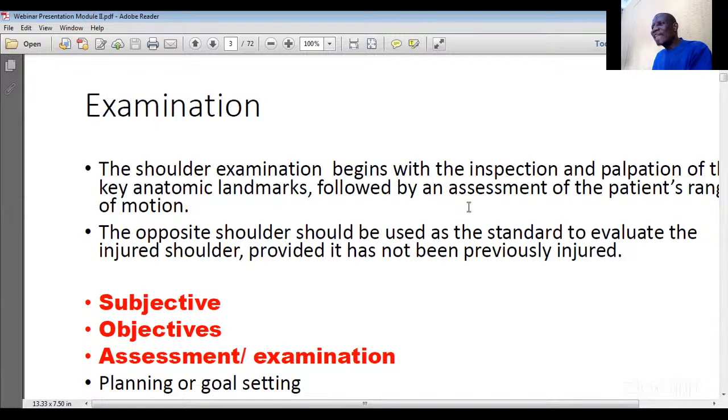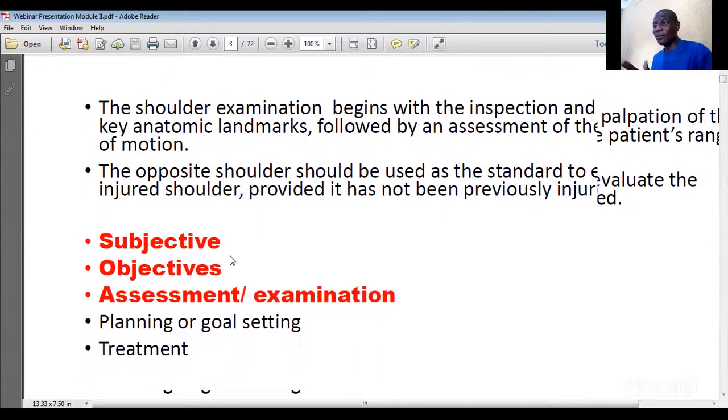To palpate the anatomical landmarks. Then you assess the joint, especially the movement. Then you compare that movement or your palpation to the other side to be able to ascertain if there's a problem there or not.